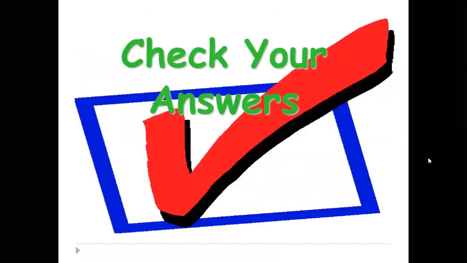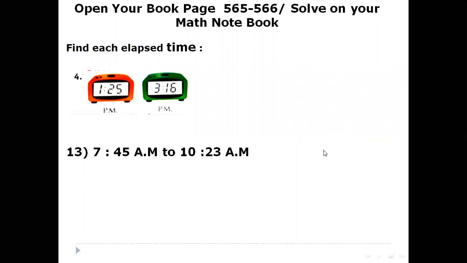Let's see the answers now. In number 4, you can use subtraction and you can use the number line. So if you use the number line here, the 1:25 p.m. and 3:16 p.m. They didn't mention for you which one is the starting and ending time, but you know that already.